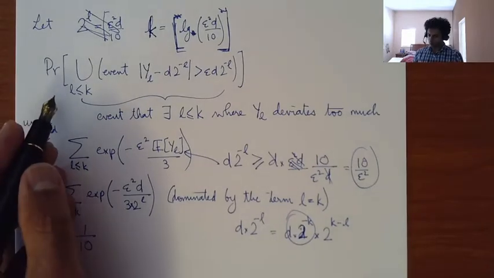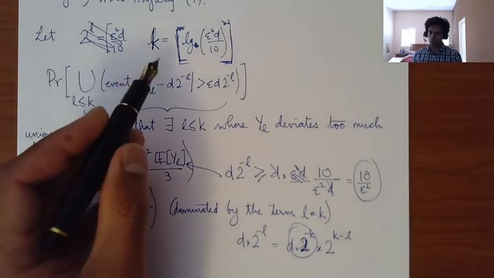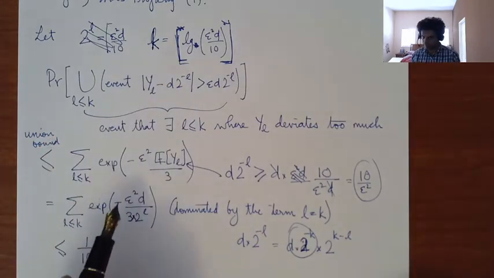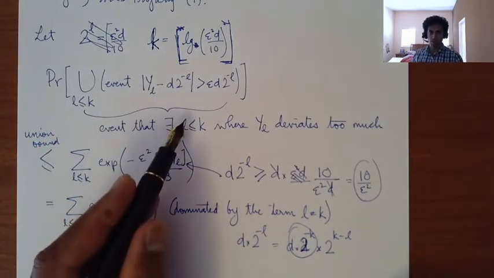And so what this says is that for all L that are at most essentially log of epsilon squared d over 10, we get concentration.